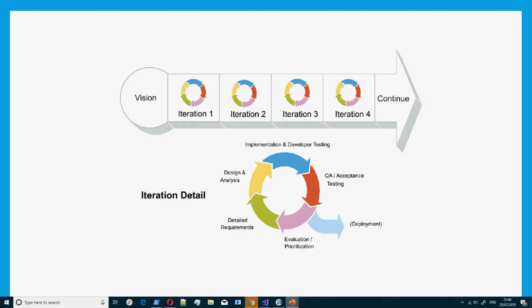You gather the requirement, and the first thing you do is prioritize what you want to bring in. Then after you prioritize, you flesh that requirement out to add some details to it. After you've added those details, you do the design, you analyze it, then moving on, you develop that particular requirement, and then you also test.